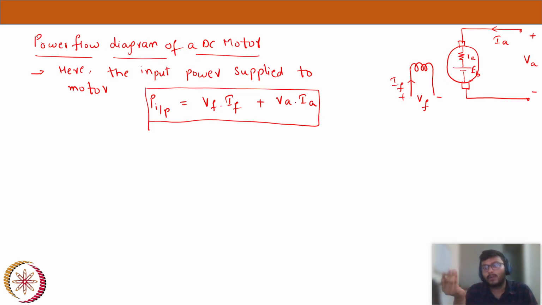So there are I square R losses, that is, some power will be dissipated across this field winding. The current flowing through the field winding is IF. Let's say the resistance of the field is RF, so IF square into RF will be the power loss. That is the first power loss we will come across, in the field winding.